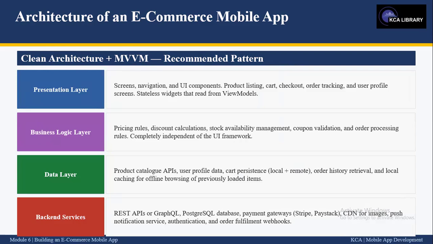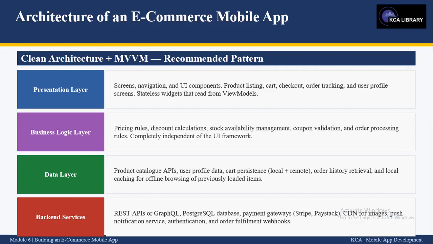Architecture of an e-commerce mobile app. Clean architecture plus MVVM is the recommended pattern. The first one we have is the presentation layer, then the business logic layer, data layer, and back-end services. A scalable e-commerce application requires a clean separation of concerns.